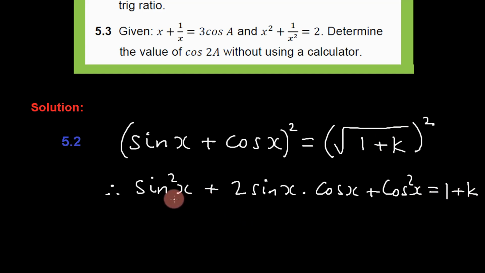Now, if you look carefully on the left hand side, we have sine squared plus cos squared, which is a squares identity, and it's equal to 1. Then 2 sin x times cos x is the expansion for sine 2x. So it's sine 2x.